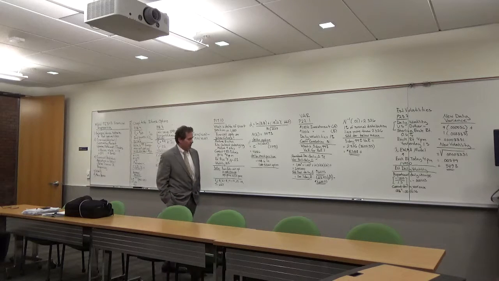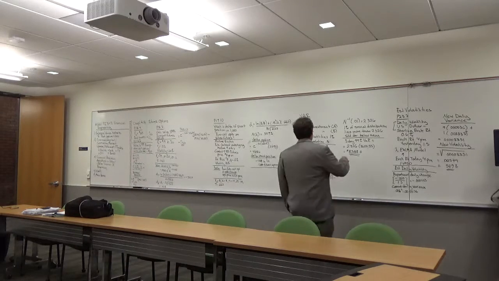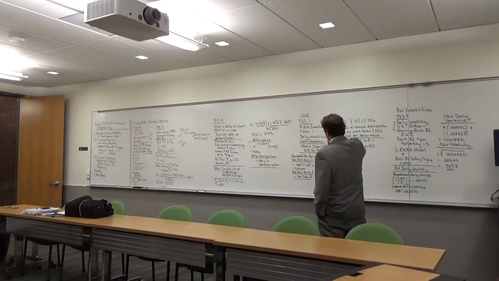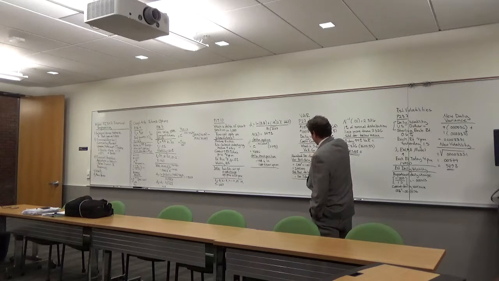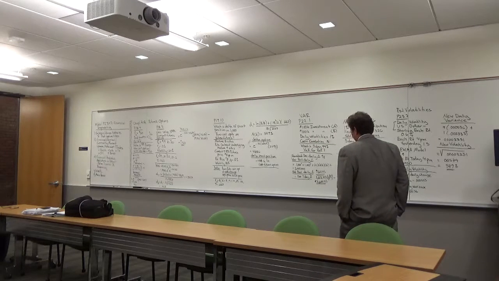The value at risk: you have 2 investments, $100,000 each. You have a daily volatility of 1%. You have a correlation coefficient of 0.3, and you want to calculate what is the 5-day 99% value at risk for the portfolio.